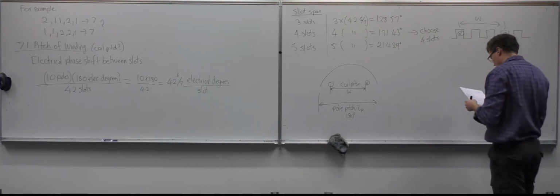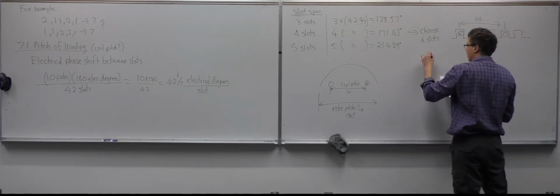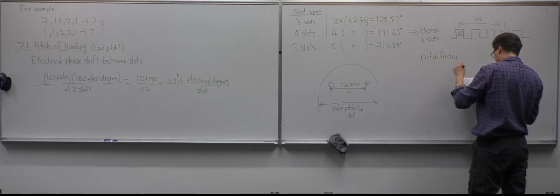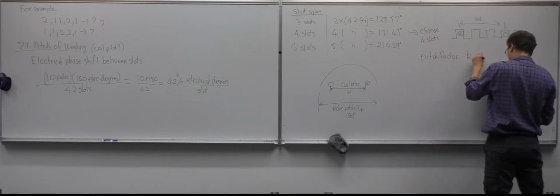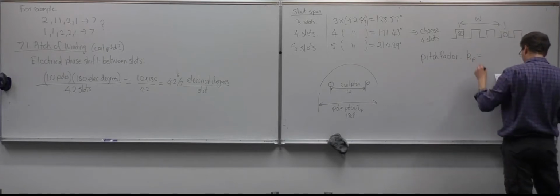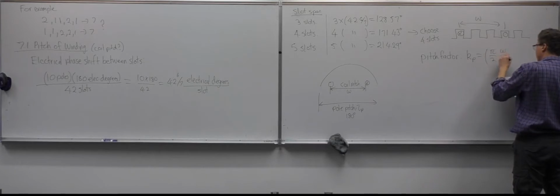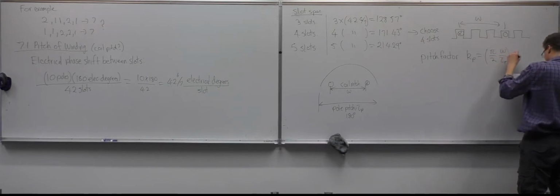So in this case, we could calculate the pitch factor Kp. That would give Kp equals sine of pi over 2 times W over Tp.